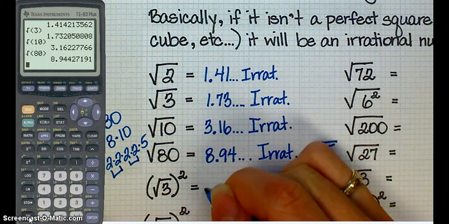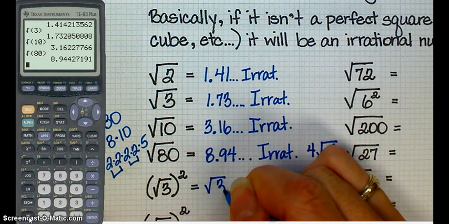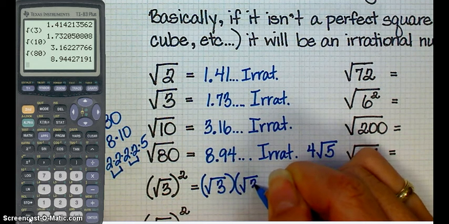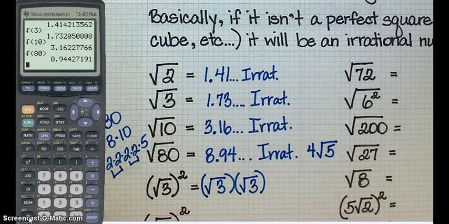All right, what about this one? This says the square root of 3 times the square root of 3. Well, square root of 3 squared, and you're going to get 3.